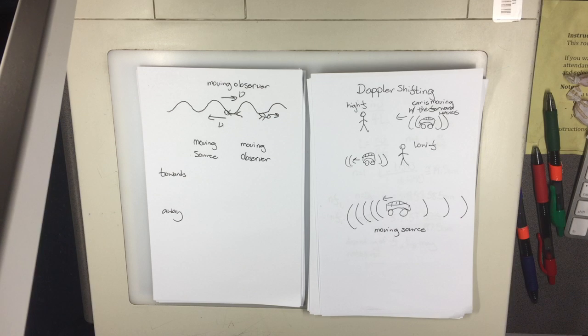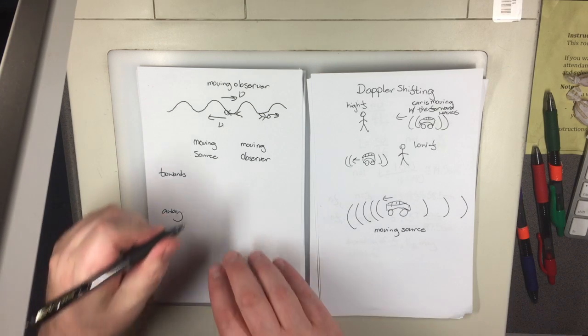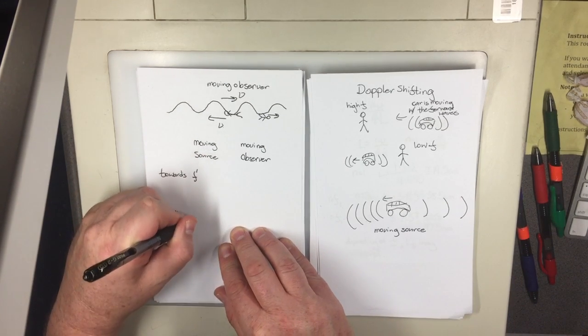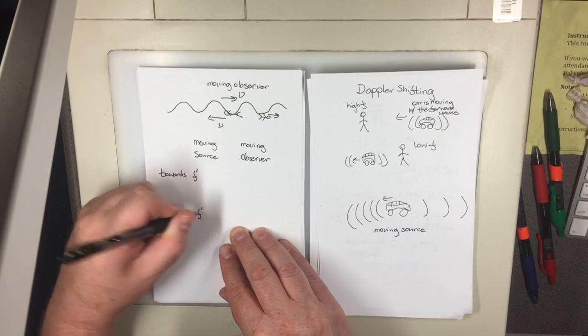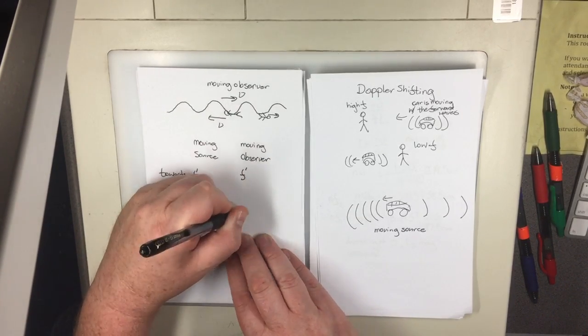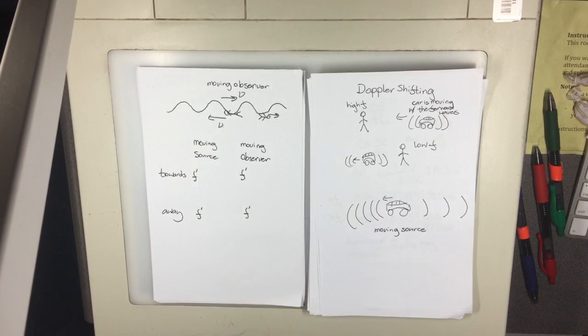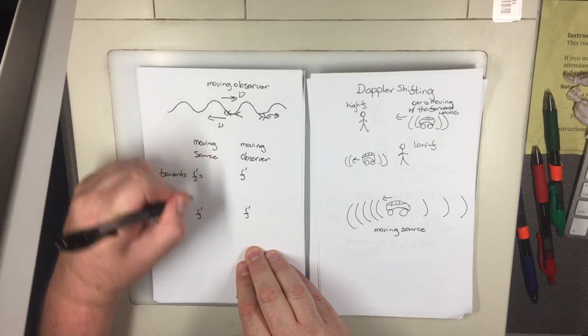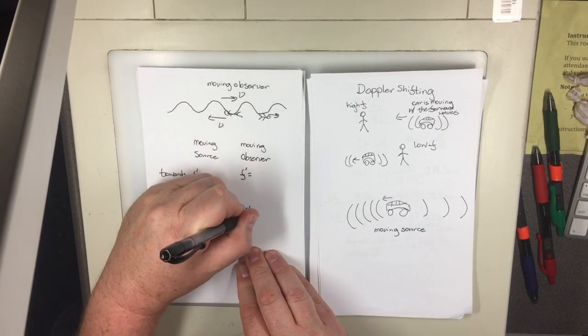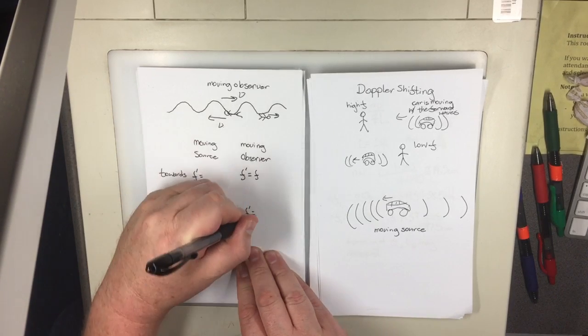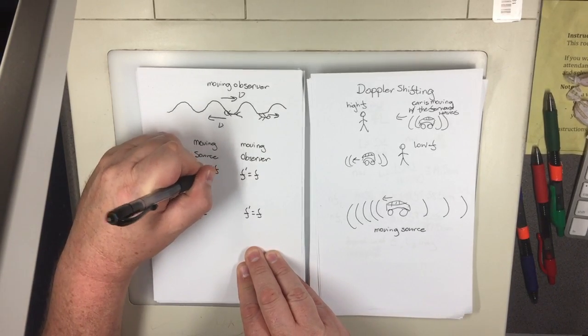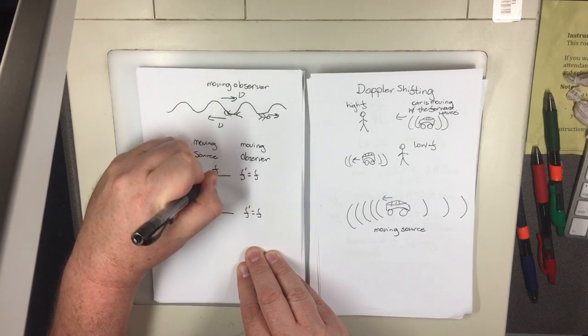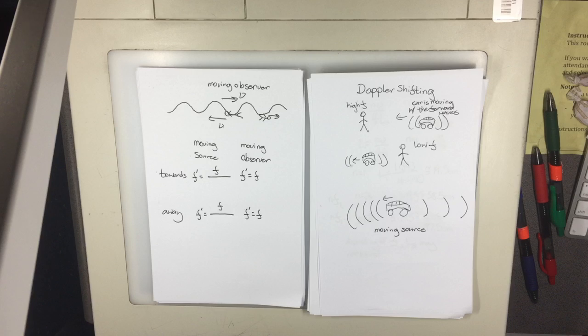So there are 4 potential equations that you can have for this. Each of these changed frequencies, we use f prime. So the frequency that you hear is f prime. F is the frequency of the source.